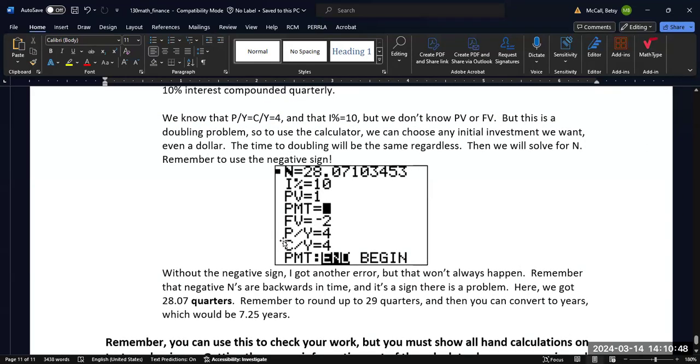But solving for N usually involves, similar to solving for T, using the log rules and things like that in order to get access to that exponent. And here, the only thing you have to remember is to make one of your present value and future value, not both of them, but one of them negative.